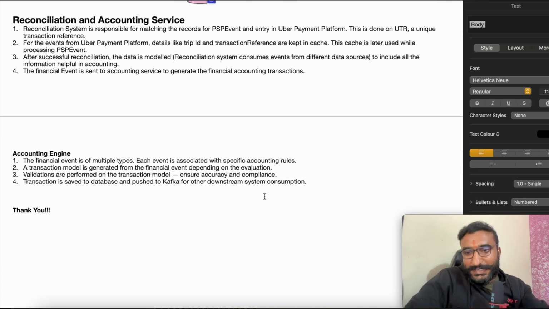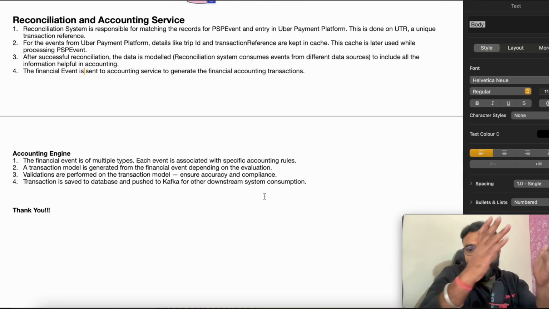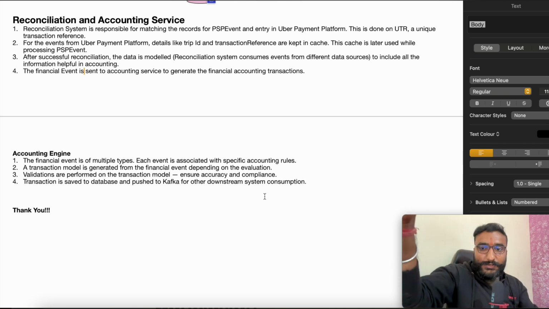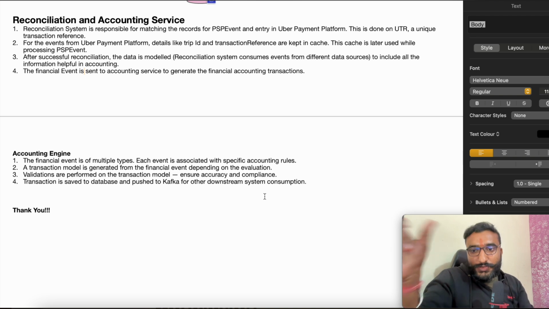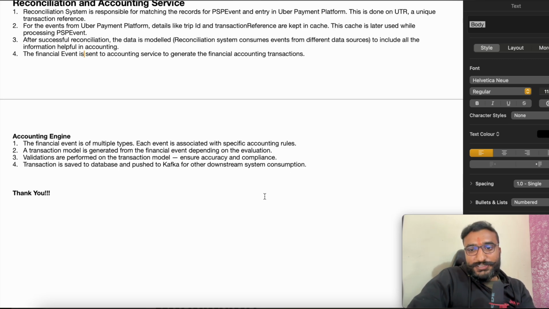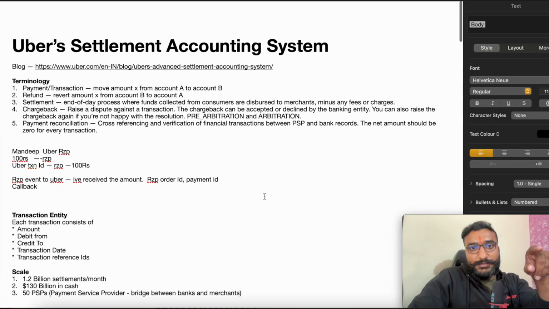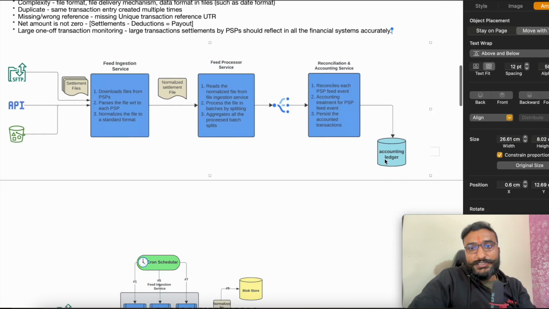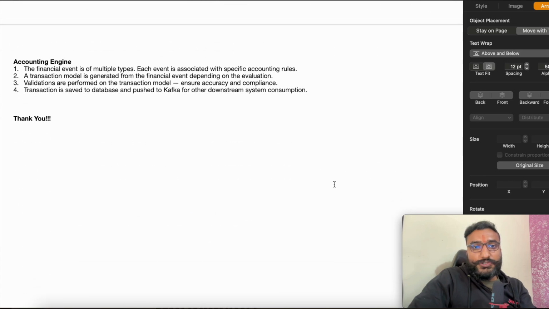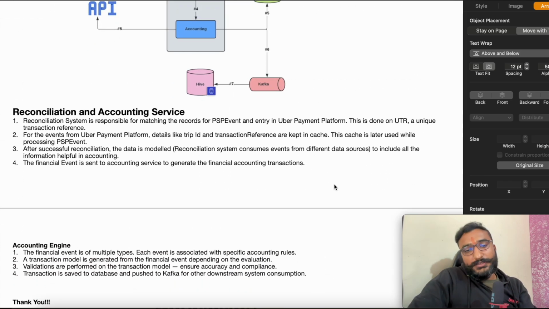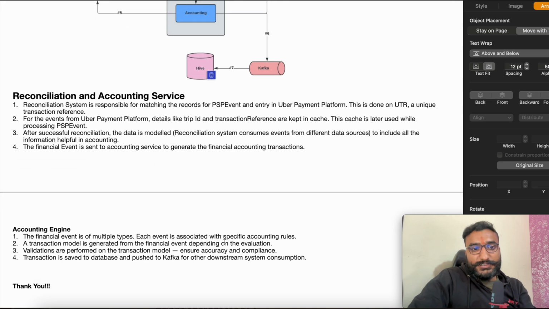You receive the event, fetch the rule specific to this event, run the evaluation, and then say success or failure. Once the validation is done, you save that transaction event to the accounting ledger, which we mentioned earlier in the first diagram. It is saved to this accounting ledger, and it is also pushed back to Kafka if any downstream systems are interested in it.